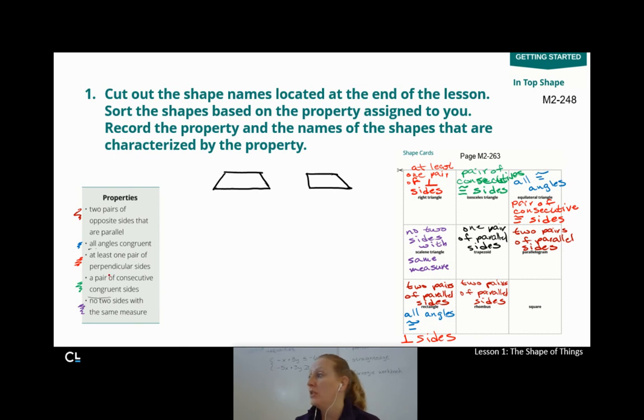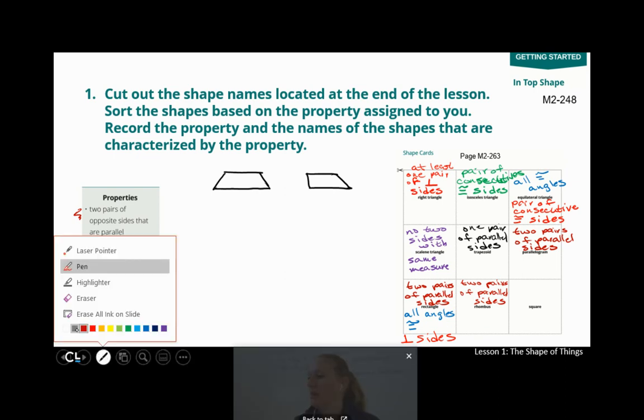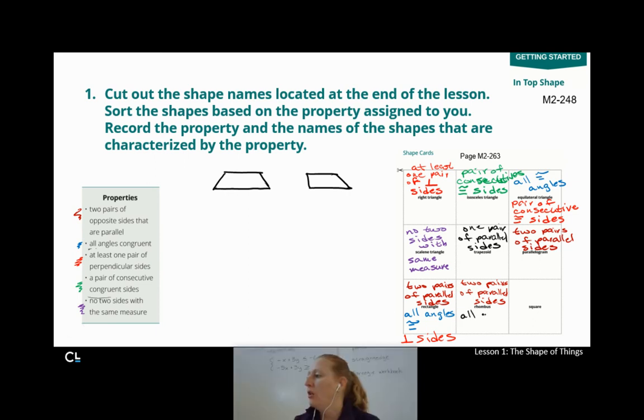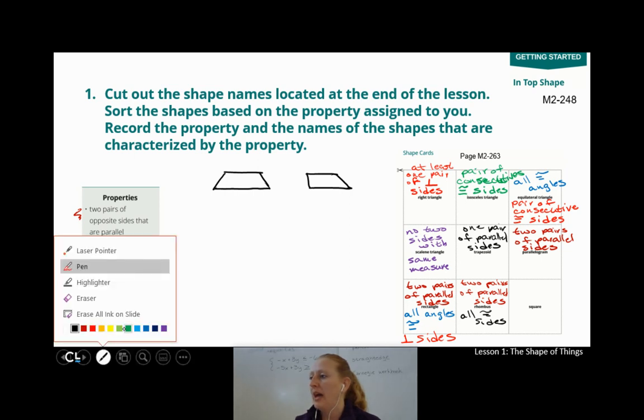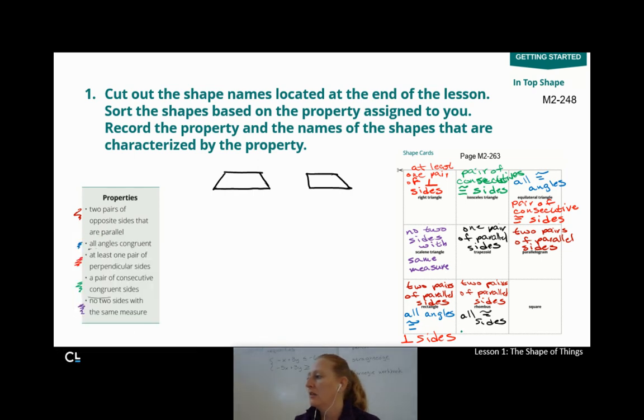Yeah, I'm going to go with this one because it turns out a rhombus, and I'm going to grab a different color here, a rhombus has all congruent sides. So yeah, consecutive congruent sides, I'll go with that. So we'll bring that in. Sweet. No two sides of the same measure. No, all the sides have the same measure.